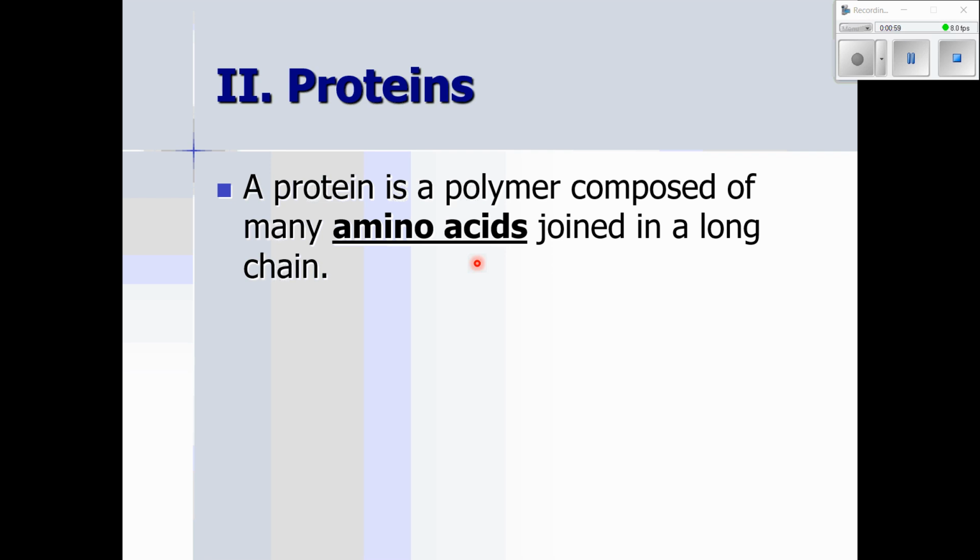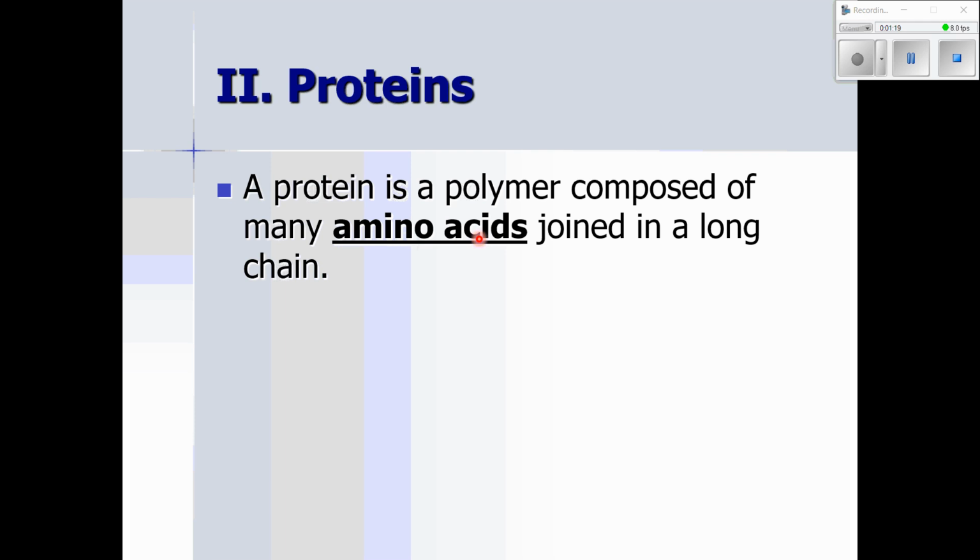In other words, starch was a long chain of glucose bonded to glucose, bonded to glucose. Each glucose was like a pearl. The entire starch molecule was the pearl necklace. We have the same pattern here.